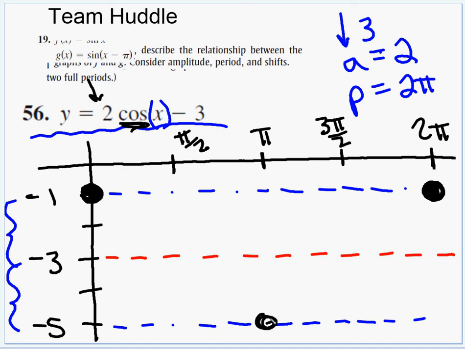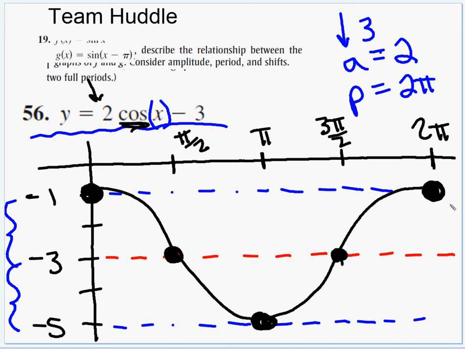As low as we go is -5. And then in between the peak and the valley, at half pi, we will cross that baseline. Same thing at 3 halves pi as we're headed back up. And we connect the dots with a nice smooth flowing curve. And that's a pretty good cos wave.